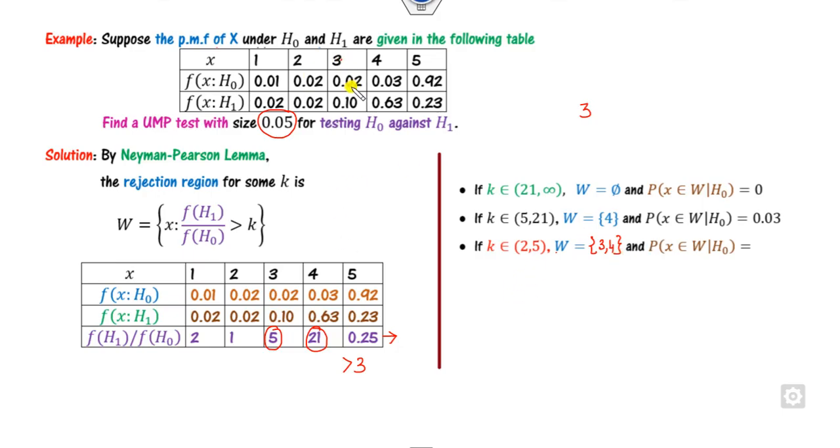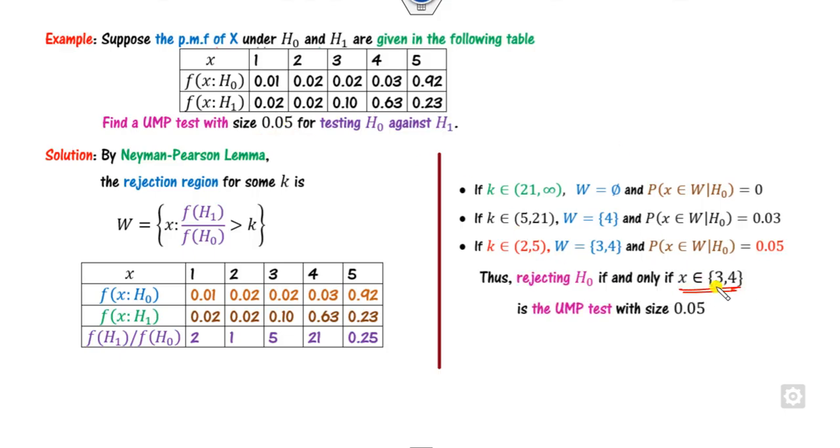What is the answer of this? It is 0.05, and that is our target because of the size 0.05. So it means the UMP test exists for {3, 4}, because it's a discrete number, so you can write this answer. After that, if you want to find the power of the test, you can find it from H1 respectively.